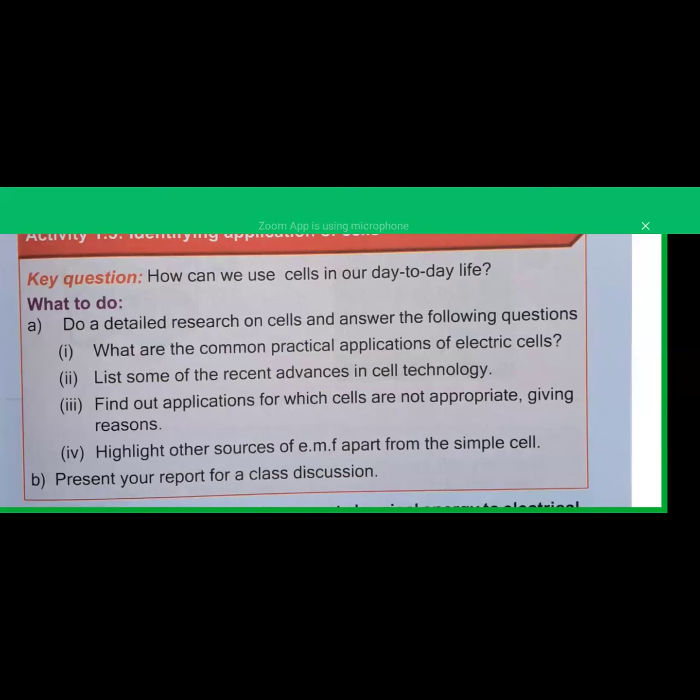Okay. Do a detailed research on cells and answer the following questions. What are the common practical applications of electric cells? People, let's go through. There is a lot that we are supposed to cover after this.